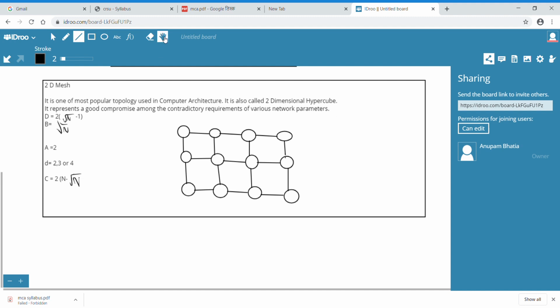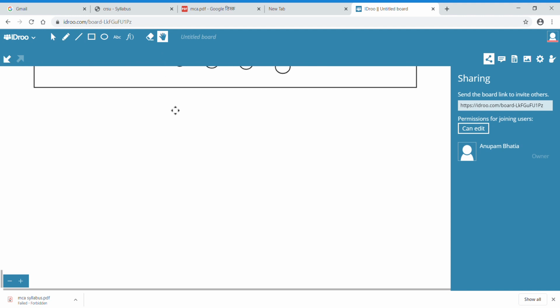Now we next go over the special case of the 2D mesh that is known as the torus.